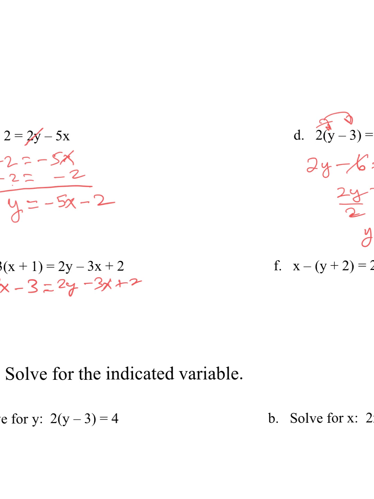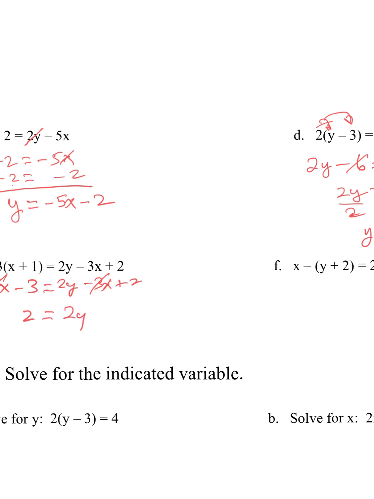Keeping in mind, we're trying to solve for y. And so you have, notice, what do you notice? You have negative 3x on both sides, so that means we can cancel straight out like that. And then 5 minus 3 is 2. So we have 2 on this side.